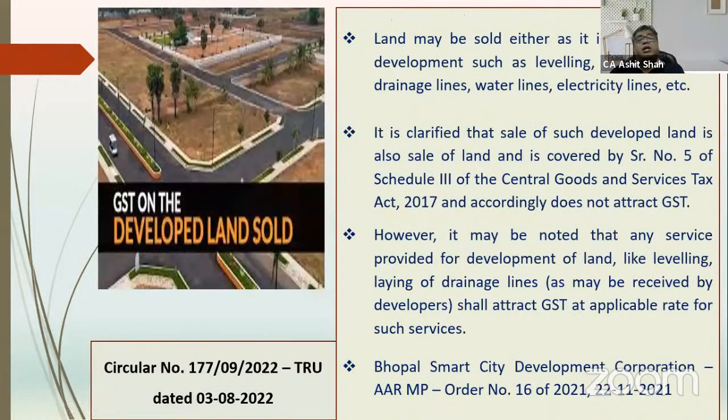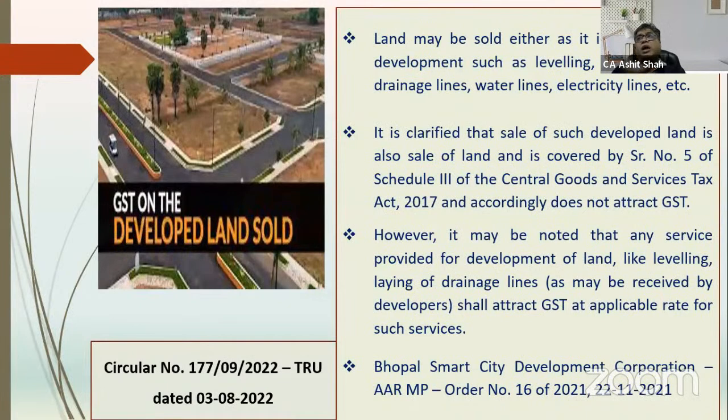And last in my presentation would be GST on developed land. There was an issue whether, when developed land is sold, it would be liable to tax or not. Now, what do we mean by developed land?